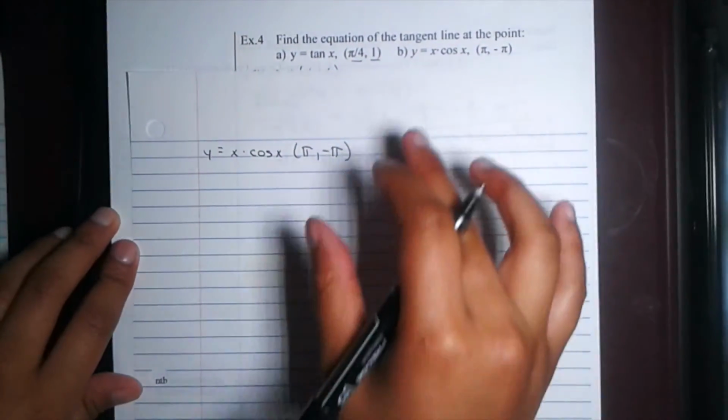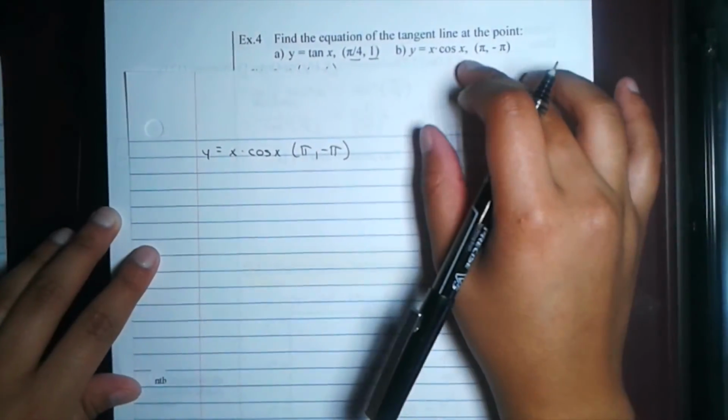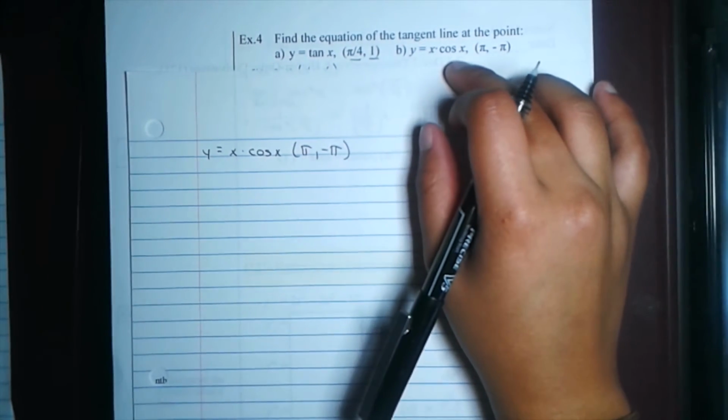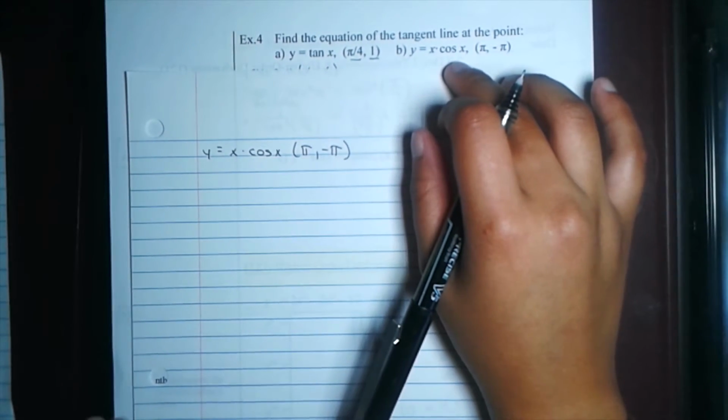The only difference in this one is it's a product rule. You have to use a product rule for this one to find its derivative and slope.